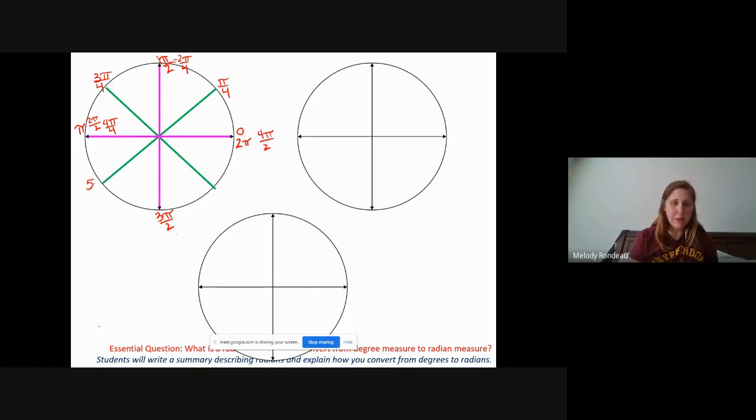So then I continue. The next one would be 5 pi over 4. And then we have 6 pi over 4, which happens to reduce to 3 pi over 2, which we already had. And then the next number after 6 is? 7. 7 pi over 4. And then we finish it off with 8 pi over 4, which equals 2 pi.